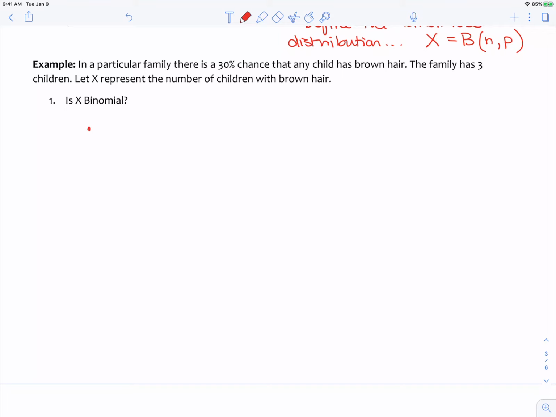We can basically just bullet point this off. We need to have a constant probability of success, and in this case, we do. There is a 30% chance that any child has brown hair, so p is equal to 0.3.